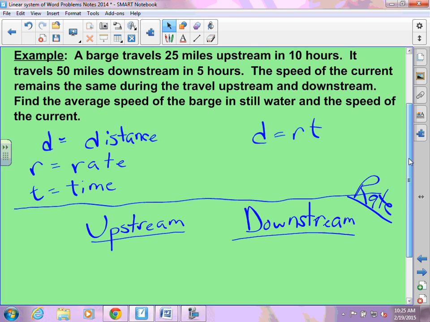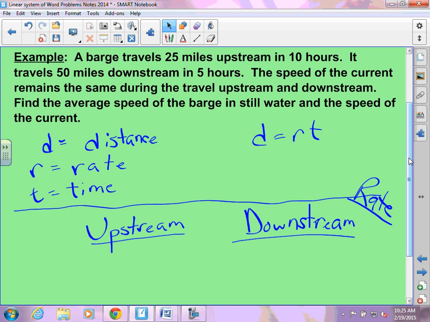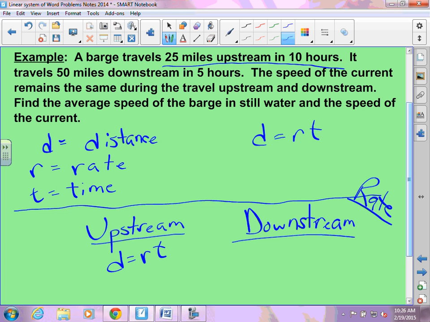So first of all, I got a barge that travels upstream 25 miles in 10 hours. So D equals RT. What's my distance? 25. My rate is, I don't know my rate. That's what I'm trying to find. And my time is 10.